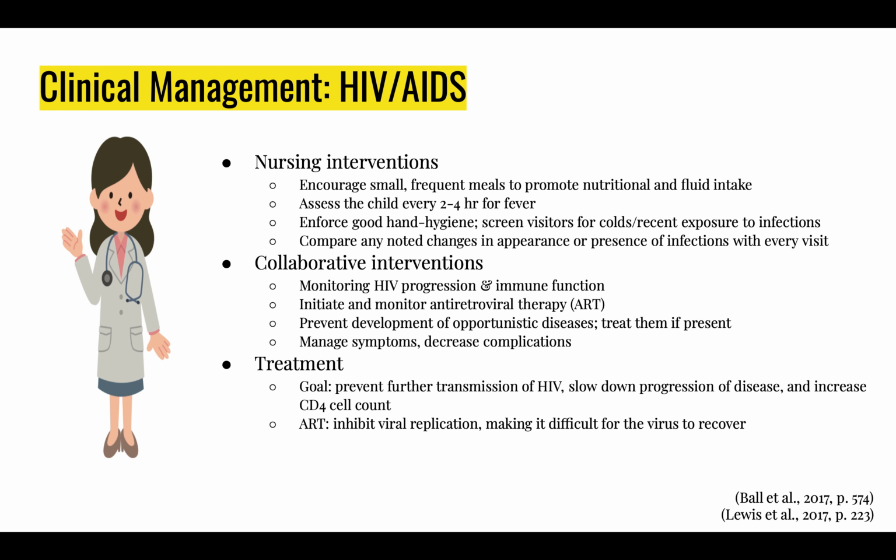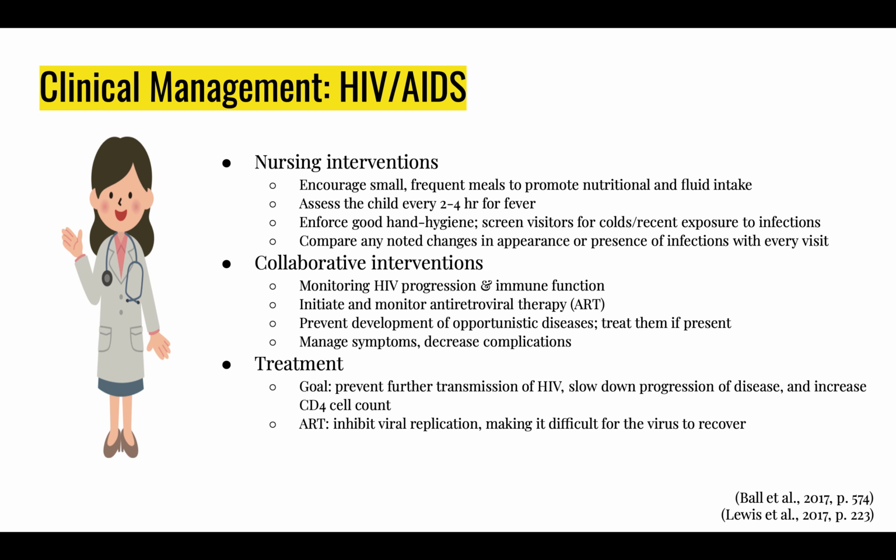As for collaborative interventions, it is important to monitor HIV progression and immune function, initiate and monitor antiretroviral therapy, otherwise known as ART, prevent the development of opportunistic diseases and treat them if they're present, as well as managing symptoms and decrease complication.